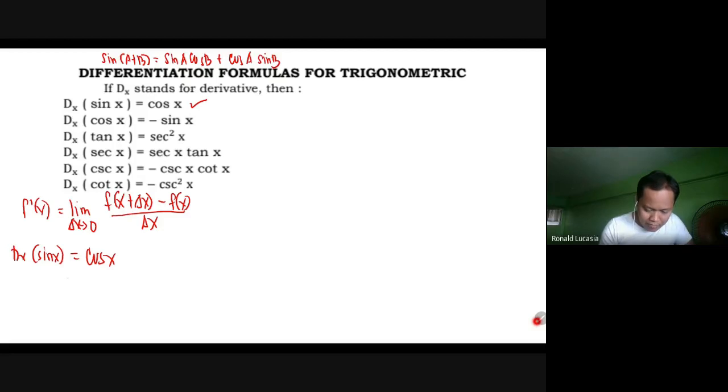So we have now the limit of f of x. Sine x.